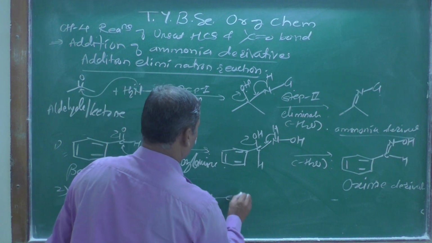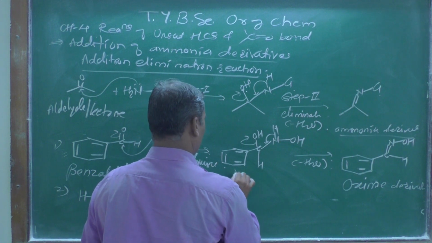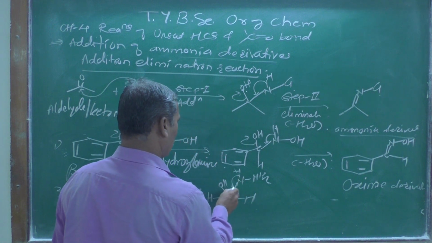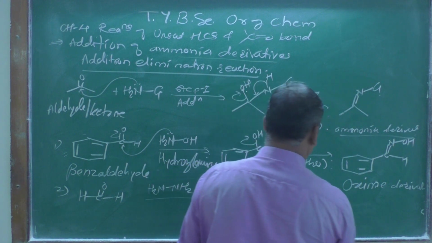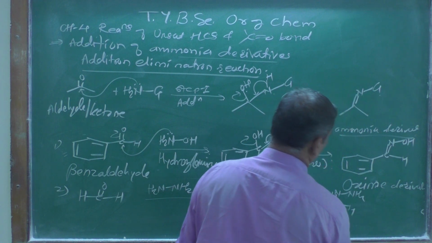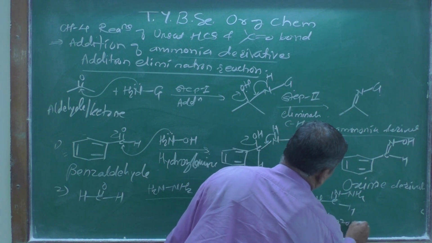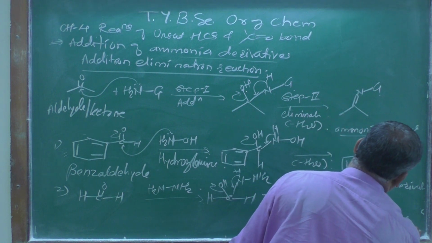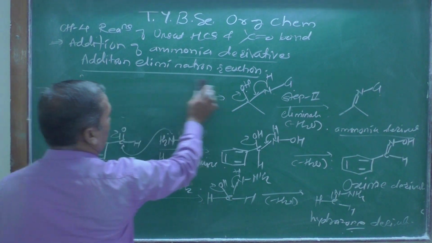Here you are going to get H, then OH, then NH, then NH2, and this CH and this N form a double bond with elimination of the water molecule, and you get H double bond N NH2. This is known as a hydrazone derivative. Remember, hydrazone derivatives. Understood this one?